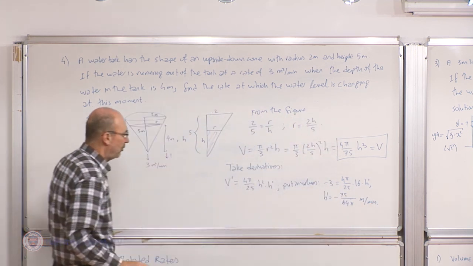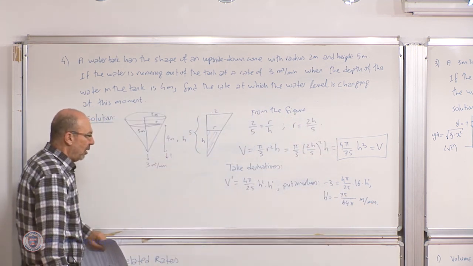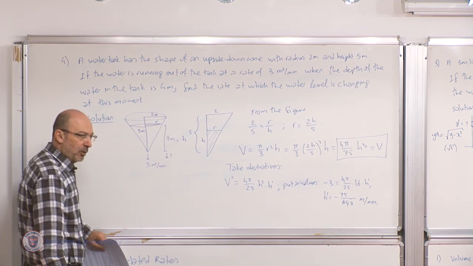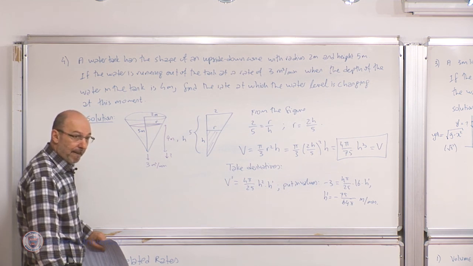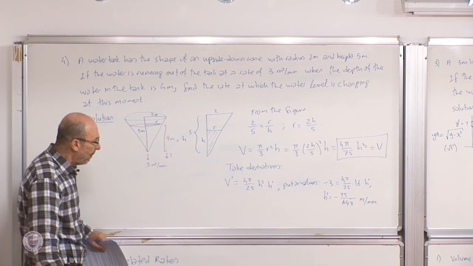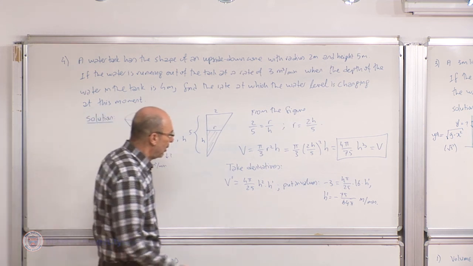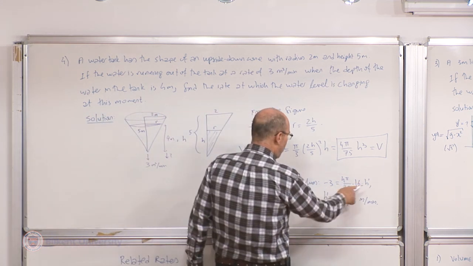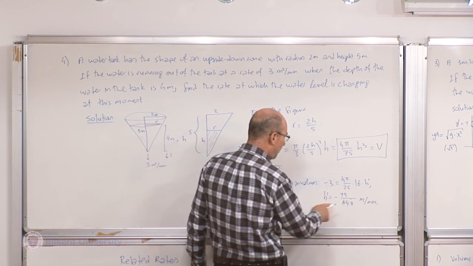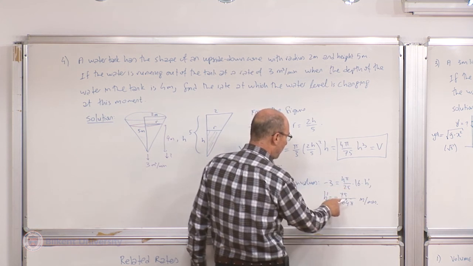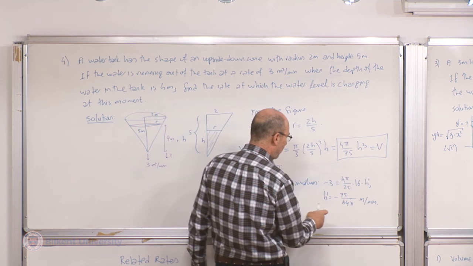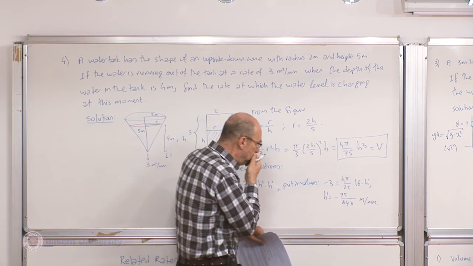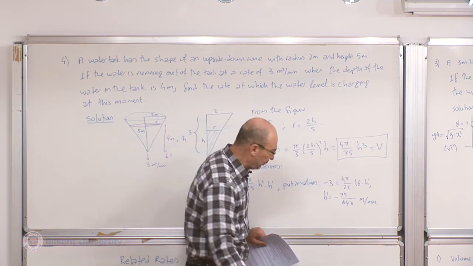So we solved the calculus problem. Now, H prime is 4 pi over 75, and in the next step it's 4 pi over 25. What is?